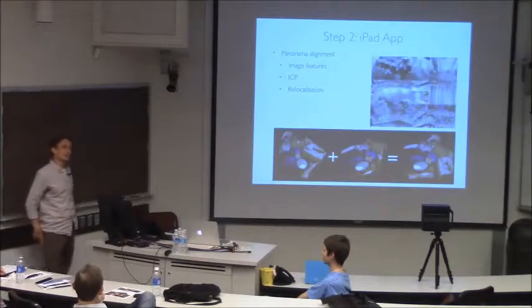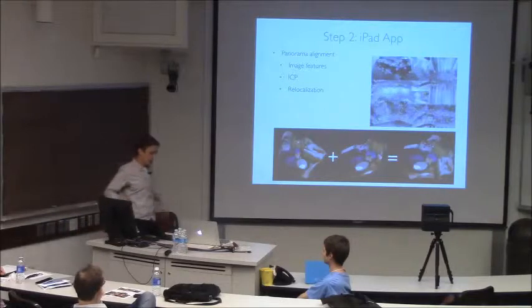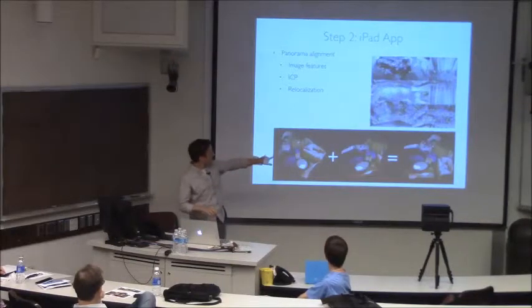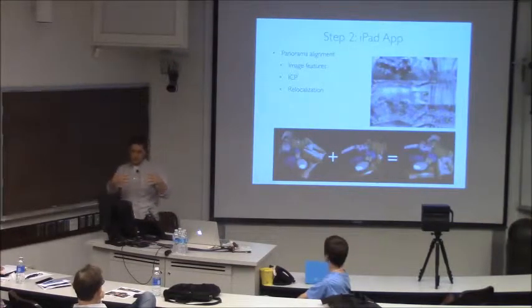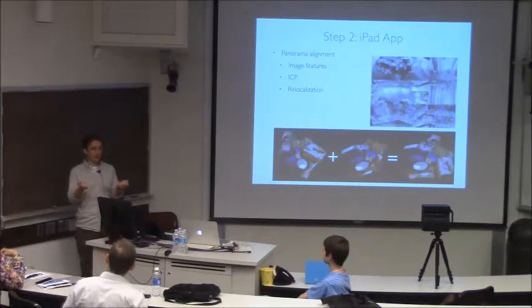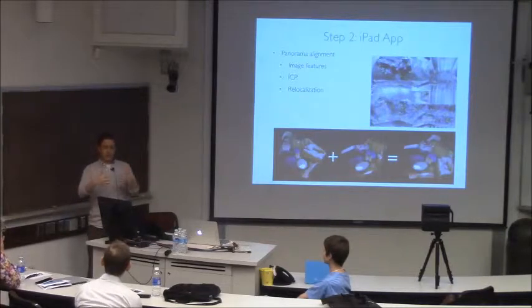Iterated closest points. The idea is if you have 2 point clouds and you want to align them together, and this is what this bottom diagram is showing. It's funny, it's kind of a dumb algorithm and it works surprisingly well. So you just look at the 2 point clouds.